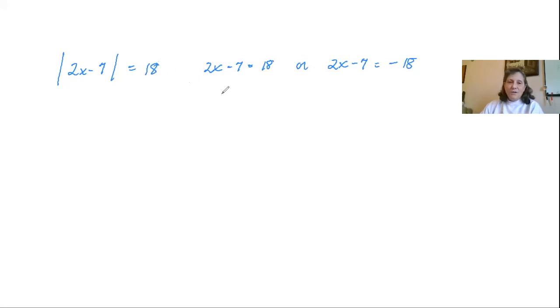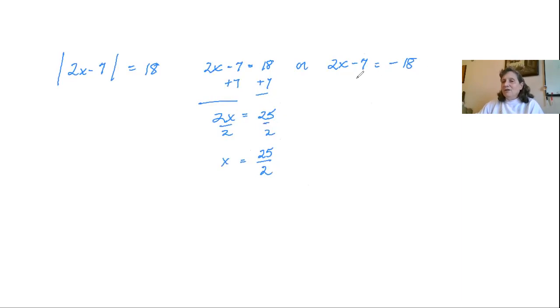So we have to solve both of these. I'm going to add 7 to both sides here. 2x is 25, divided by 2. The x would be, well, I could just leave this as 25 over 2. I could put 12.5. If I had to put it on a number line, I'd like to change it to 12.5. But in college algebra, we usually just leave stuff as an improper fraction.